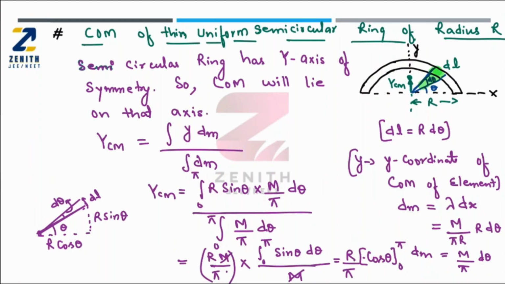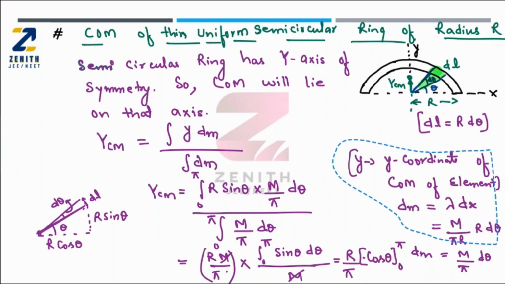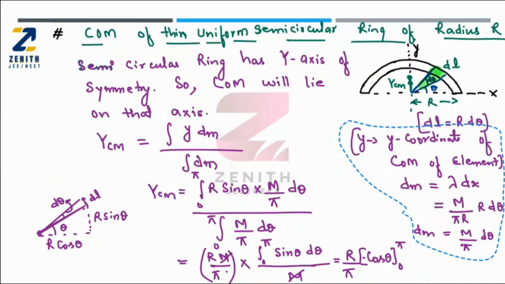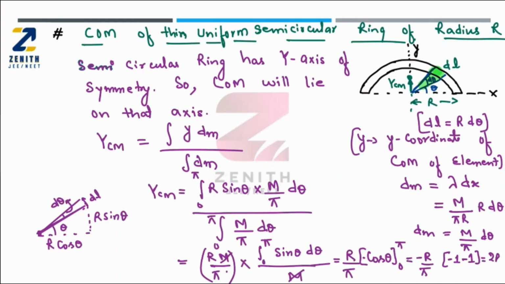That means you will get minus r by pi. Cos pi is nothing but minus 1, minus of cos 0, because I have taken minus common, so this will be minus 1. So you will get 2r by pi.